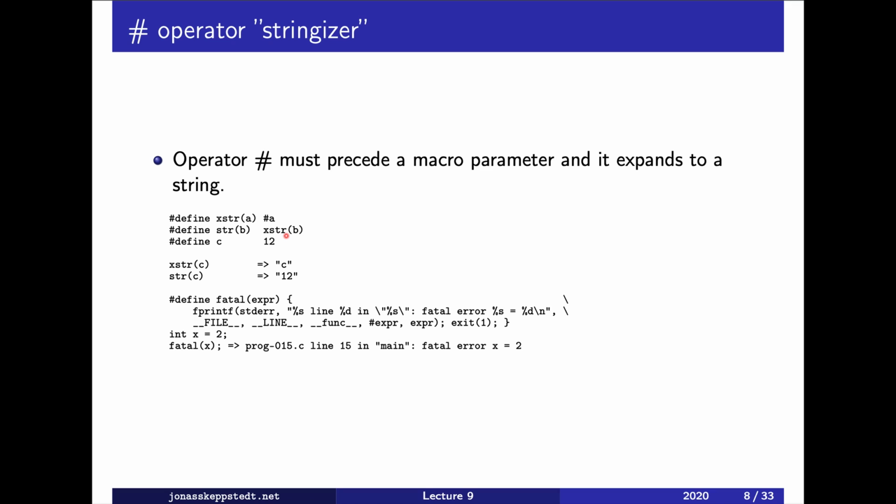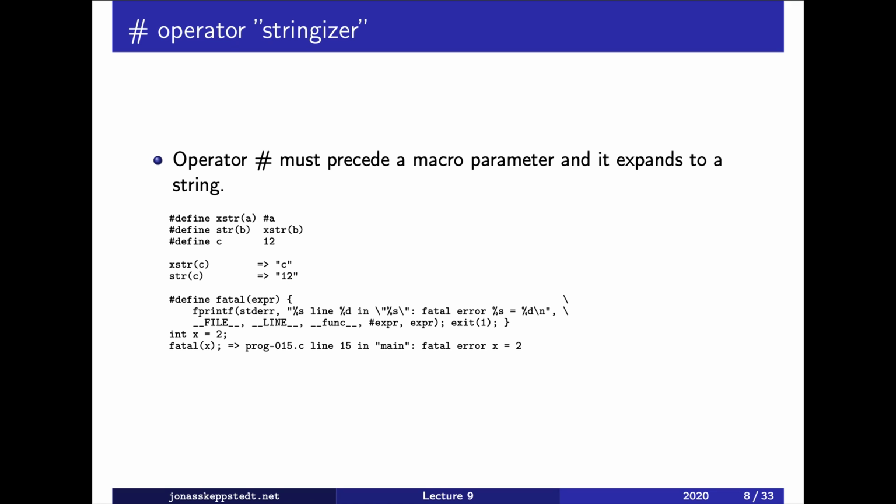So what it does then is to replace this b, and here it is a C. So it expands C into 12, and then it gives 12 as the parameter to xstr. And then when it comes here, it will make a string with 12.